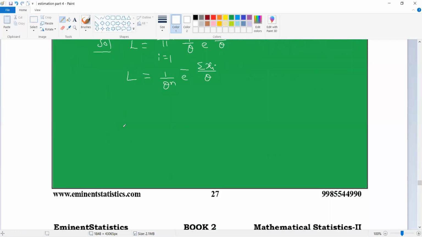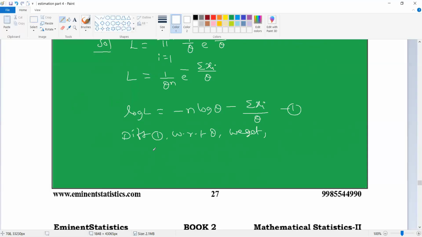Now, by taking logarithm on both sides, we get minus n log theta minus summation xi by theta. This is 1. Differentiate 1 with respect to theta.